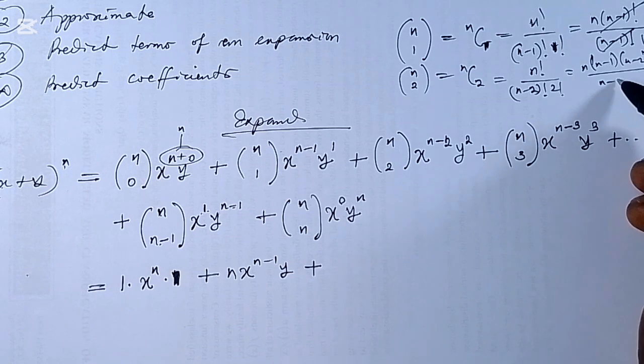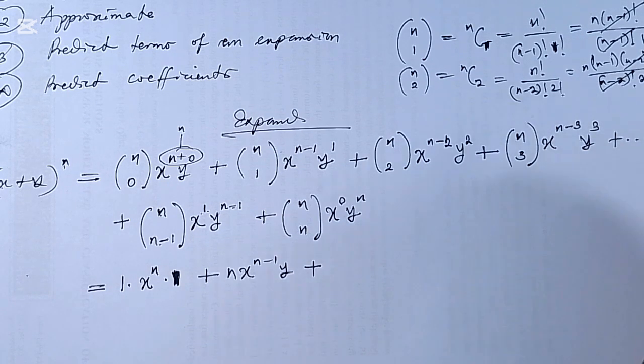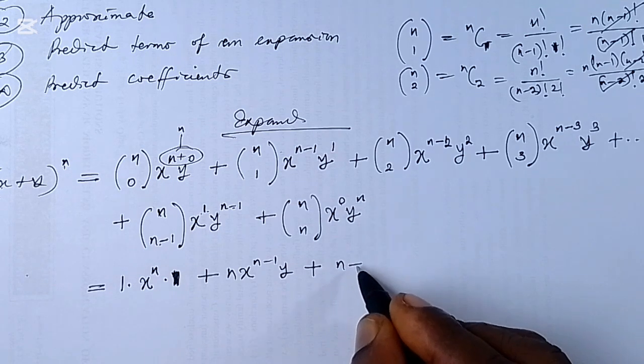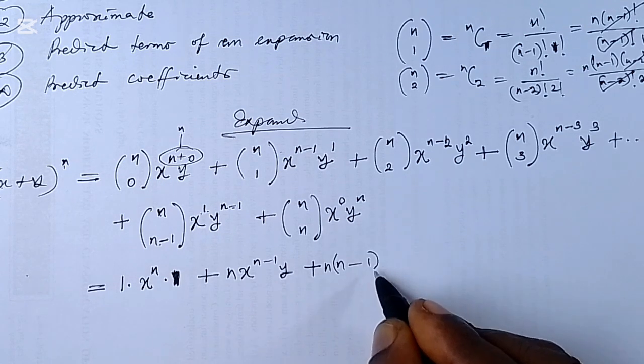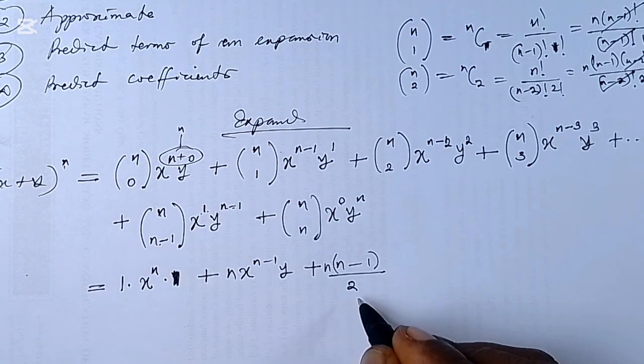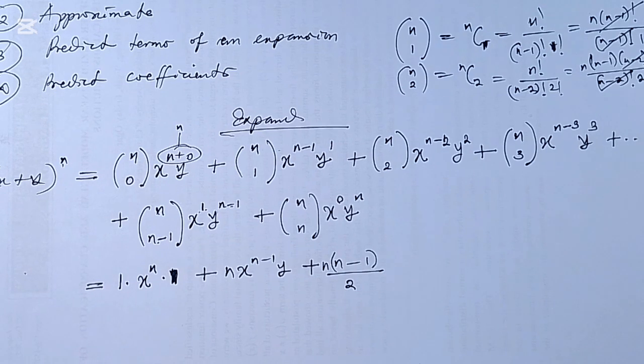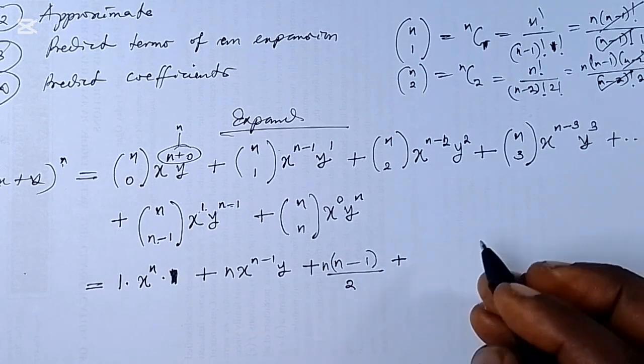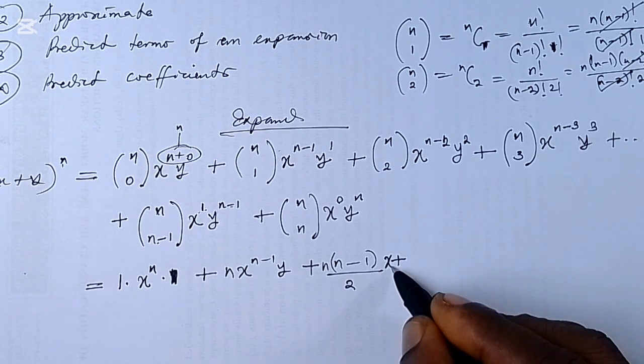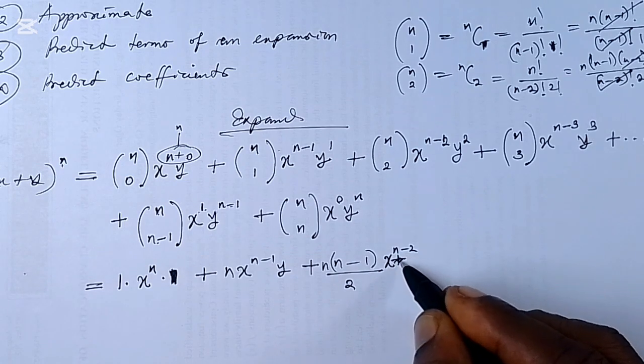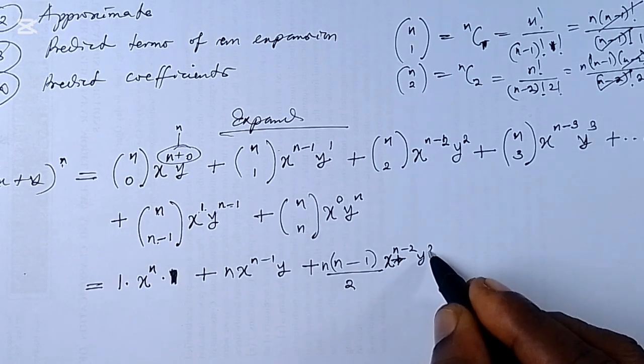You stop at that. n minus 2 factorial over n minus 2 factorial cancels, so you end up having n into bracket n minus 1 all over 2. Or you could just leave it as 2 factorial if you don't want to simplify. So this will give you times x raised to the power n minus 2. Let's bring the terms here. And this will be y raised to the power 2.